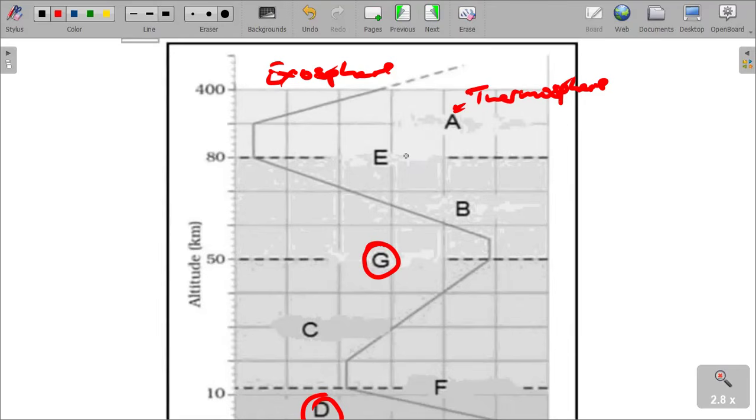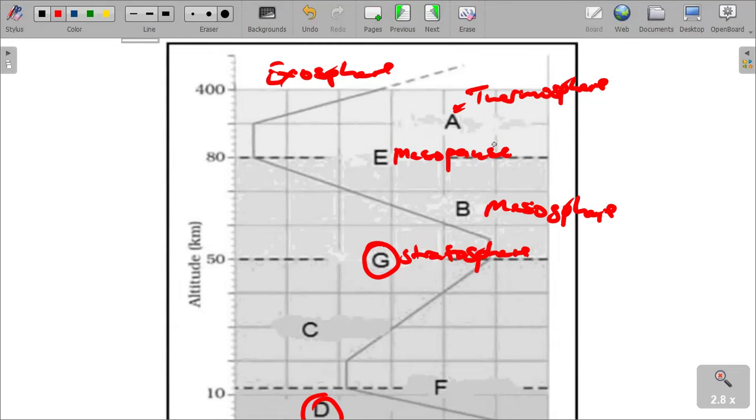So we are saying E is the mesopause, and then our B should be the mesosphere, and then we have the stratosphere.